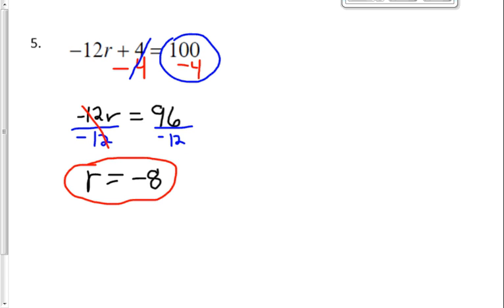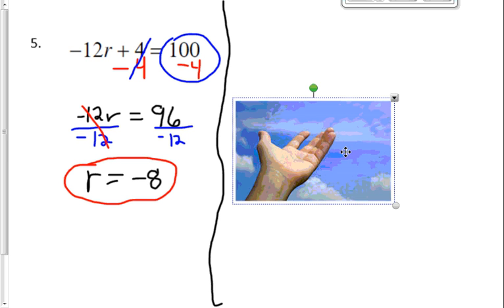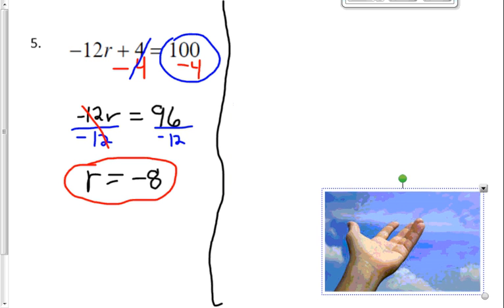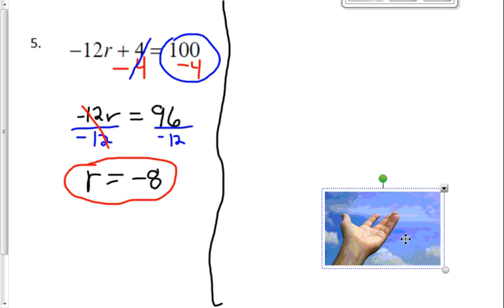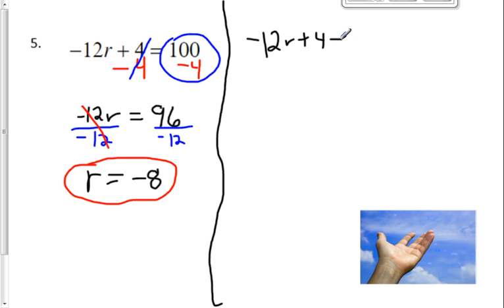I have my answer. Now, instead of guessing or going, I wonder if I got that right, we are going to check by hand. That's right. We're going to check our answer by hand. So we're going to plug it in. So if that's the case, we had negative 12 times r plus 4 is equal to 100.